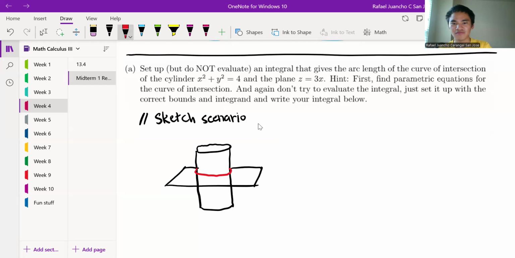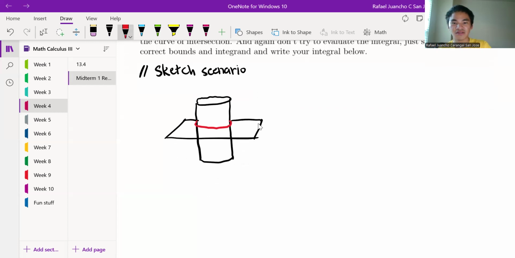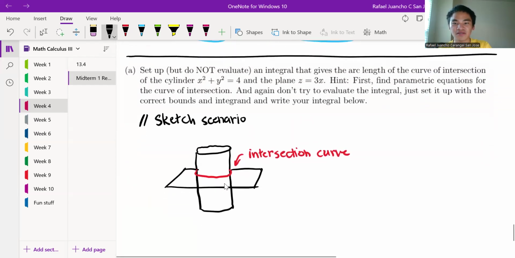Okay, so I have to find parametric equations for this red thing. So this is the intersection curve. So we want to find parametric equations for that because we want to describe that curve, right? So how do we do that?